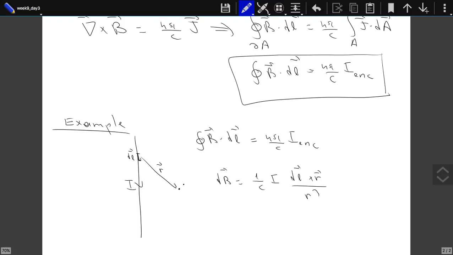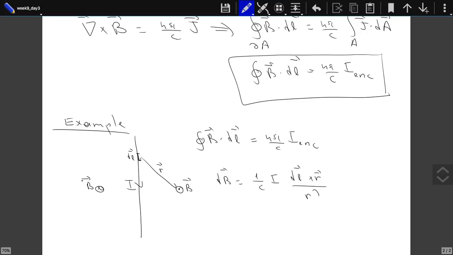Or you can imagine this I as a bunch of positive charges running downward. We had already seen that point charges create magnetic induction that is circular around their velocity. Their velocity vector is along our wire. So the B is outside, pointing outward. On the other side, it will be pointing inward. So the magnetic induction just makes circles around our wire.